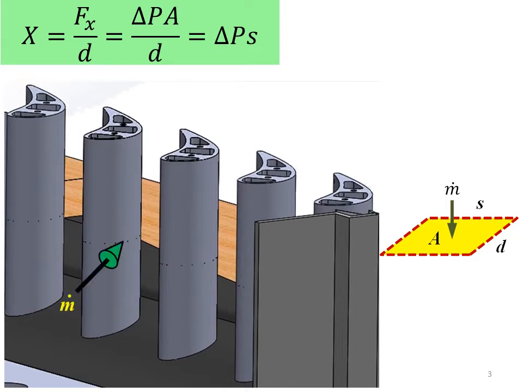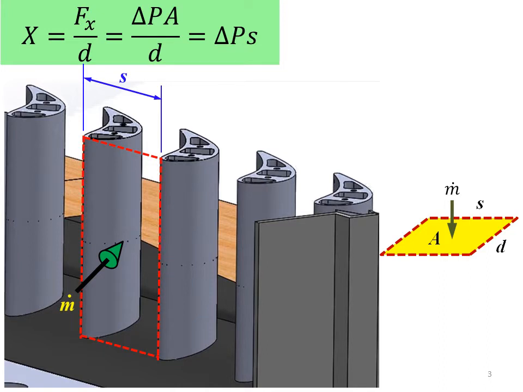The m dot, the green arrow, shows the direction of fluid flow through the cascade blade, and the direction of this mass flow rate of fluid is perpendicular to the cross section area A. And the distance between two identical leading edge points is equal to the spacing distance S.